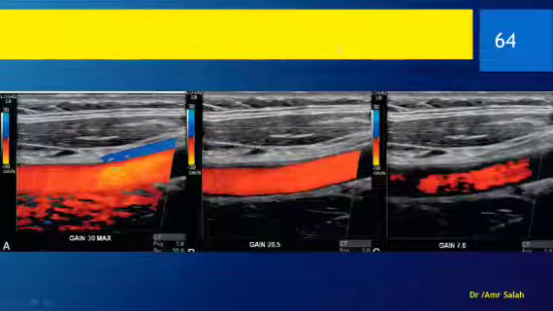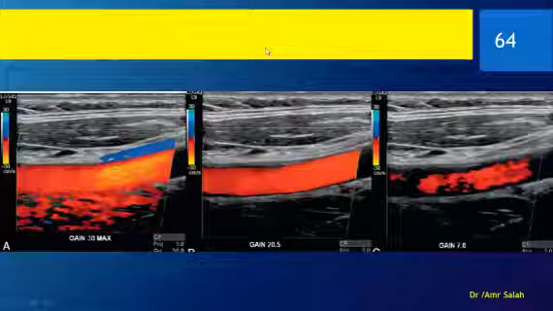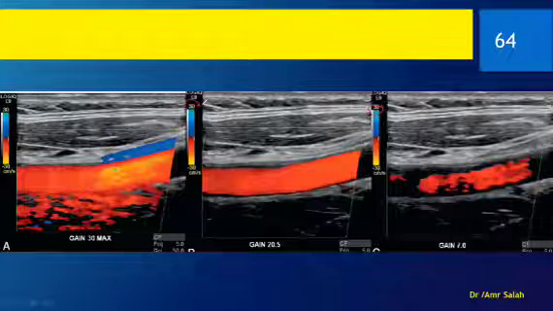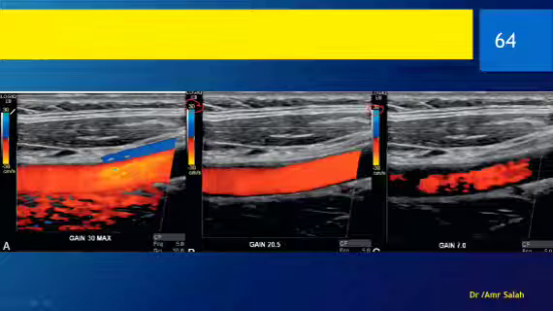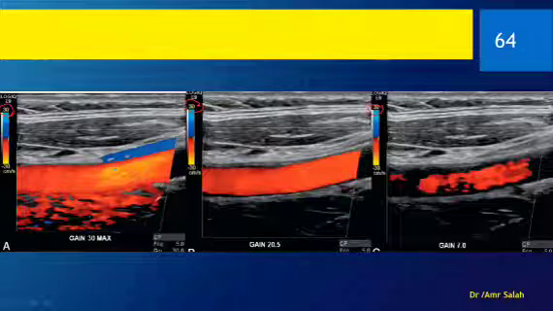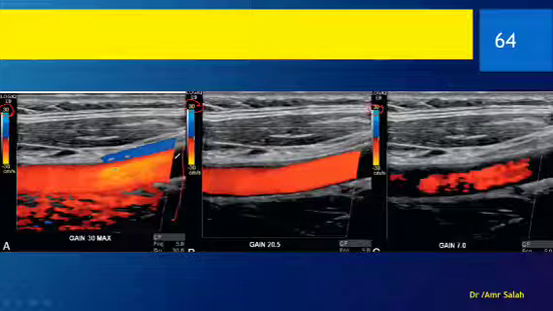Here, notice that the BRF is constant in all of the three images. However, there is change in the color. Now, why is that? This change is due to the gain. And as you can see, when the gain here is too high, the color flow is all in your color box, not just in the vessel.